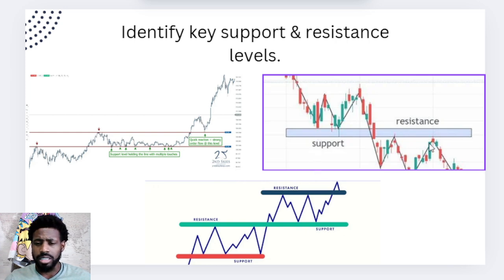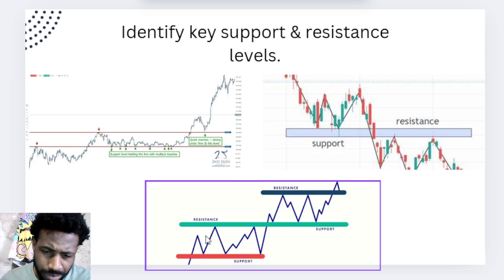This is another good example where it came all the way down past the support, pulled back to test the support, which turned into resistance, popped down, came back, double top, double tested it. That's a very good confirmation. And boom, on the way down because it turned the support into resistance. Same thing here. Very good example.